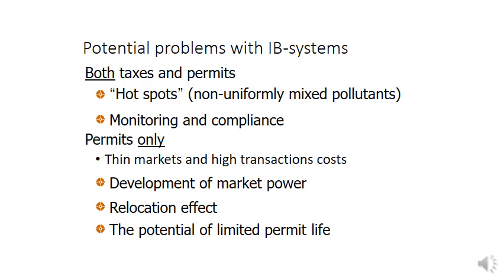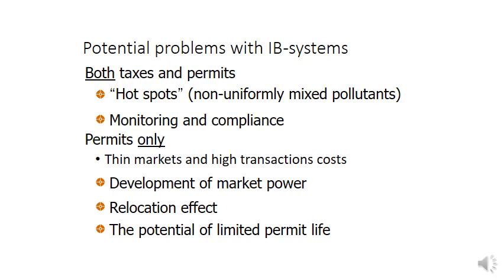Remember, we talked about this last unit, but what if this sort of market-based system, where the brown firm is still polluting more than the green firm, creates a pollution hotspot, particularly with a non-uniformly mixed pollutant?